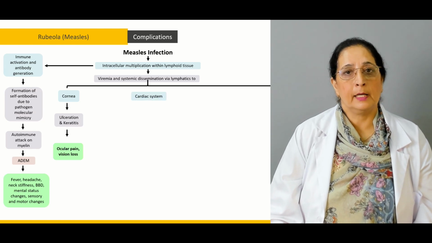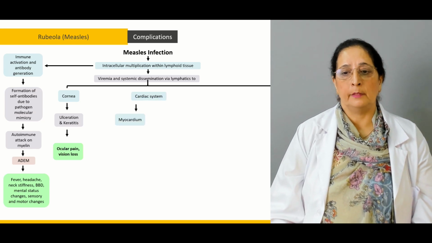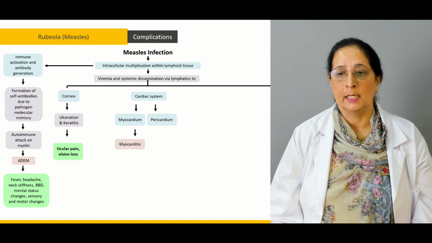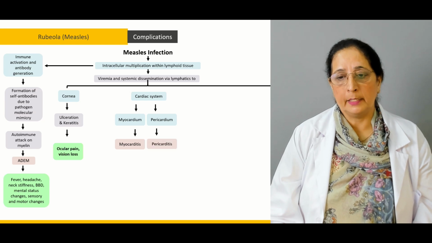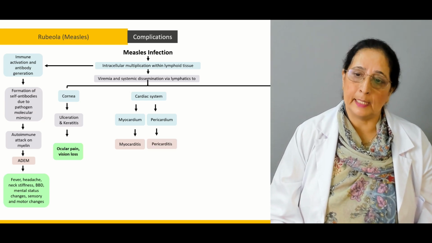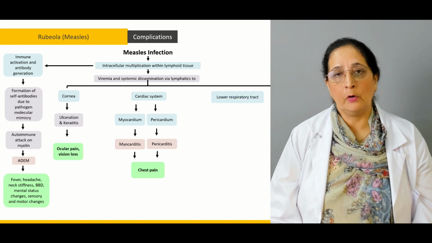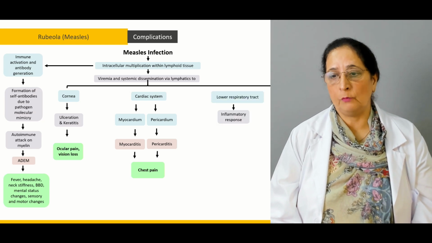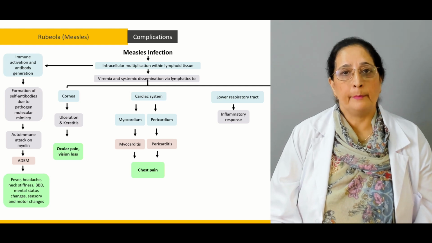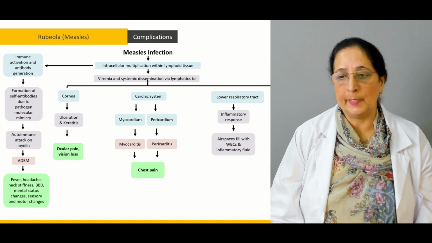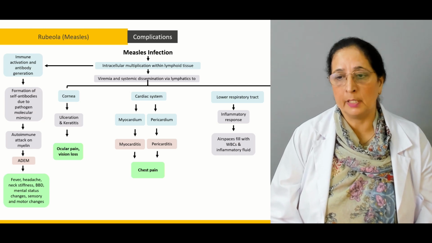It also affects the cardiac system, involving the myocardium, causing myocarditis. It involves the pericardium, causing pericarditis, and it leads to chest pain. Then lower respiratory tract involvement causes an inflammatory response, with air spaces filled with white blood cells and inflammatory fluid.